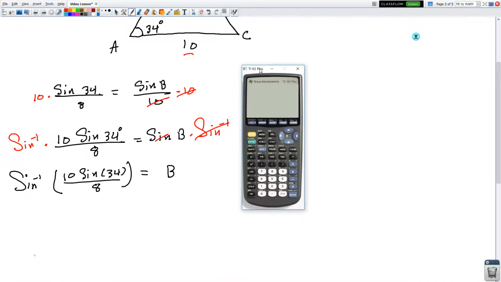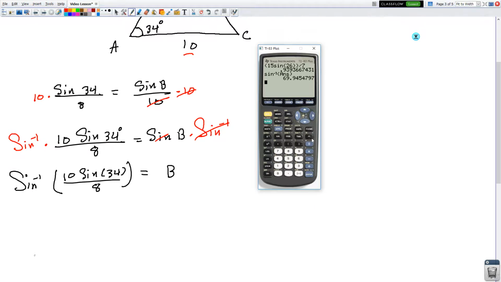All right, let's see what that value is. Let's take a look in here. So we're going to find our inverse sine, and we're going to be doing 10 times the sine of 34, close parenthesis. So this parenthesis goes here, and then we're going to divide it by 8.